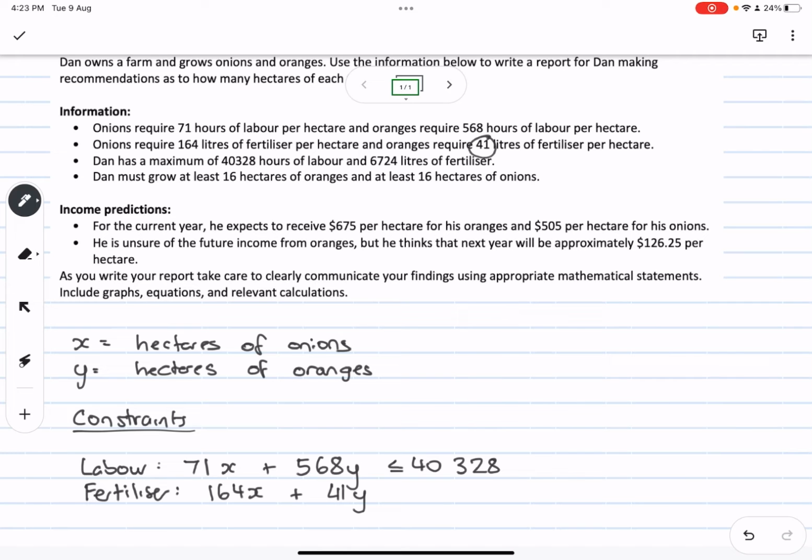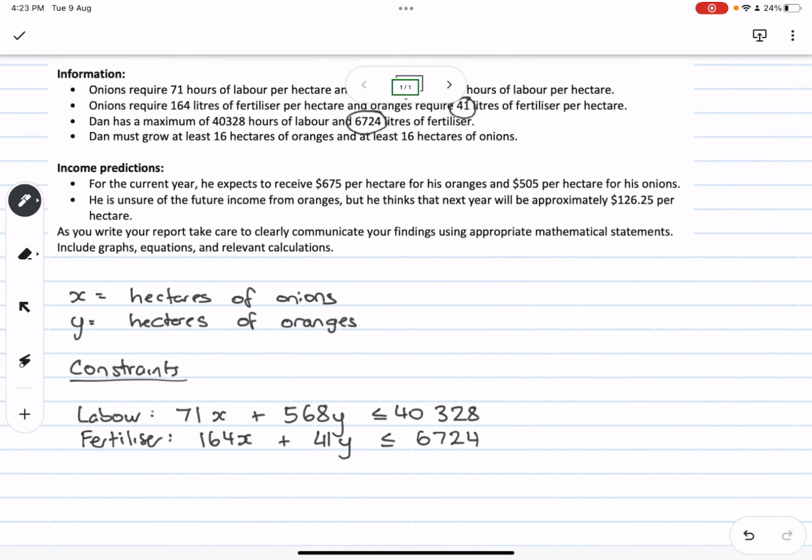That has to be less than or equal to the 6,724 litres of fertiliser we can use altogether. We also know that he must grow at least 16 hectares of oranges, so Y has to be greater than or equal to 16, and at least 16 hectares of onions, so X has to be greater than or equal to 16. So now we've got all of our constraints.